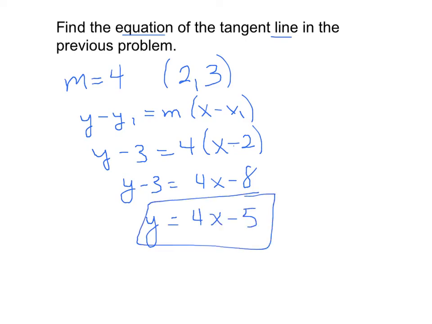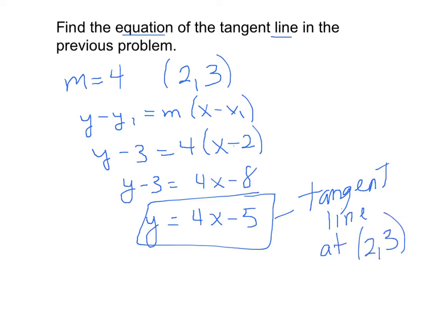That is the equation of the tangent line at the point 2, 3. So using the derivative to find the slope, allowing us to write the equation of a line, kind of pulling all these things from algebra and calculus and showing that they're all really related.